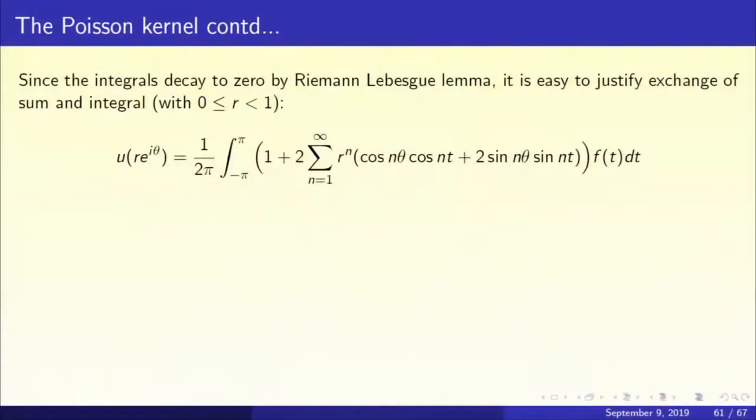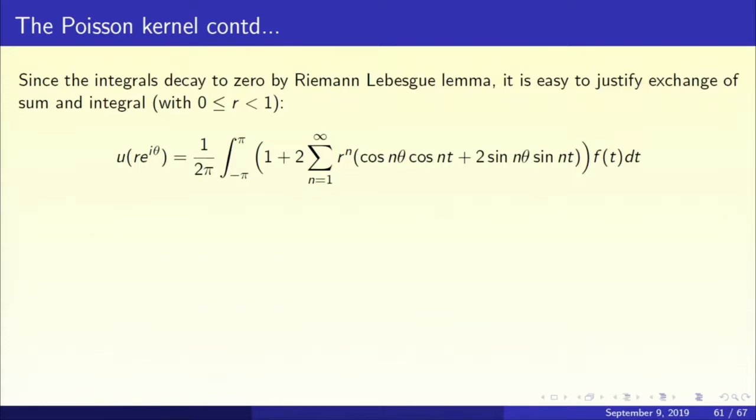So you finally get u of r e to the power i theta equals 1 upon 2 pi integral minus pi to pi [1 plus twice summation n from 1 to infinity r to the power n into (cos n theta cos nt plus sin n theta sin nt)].